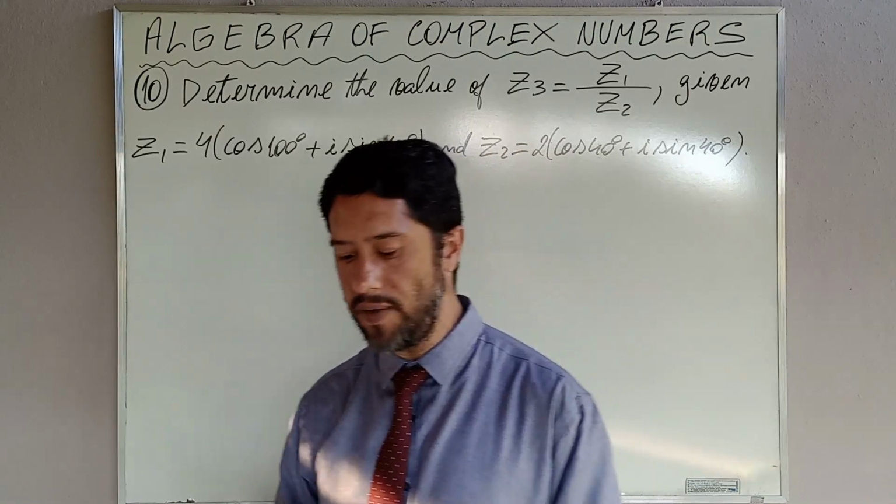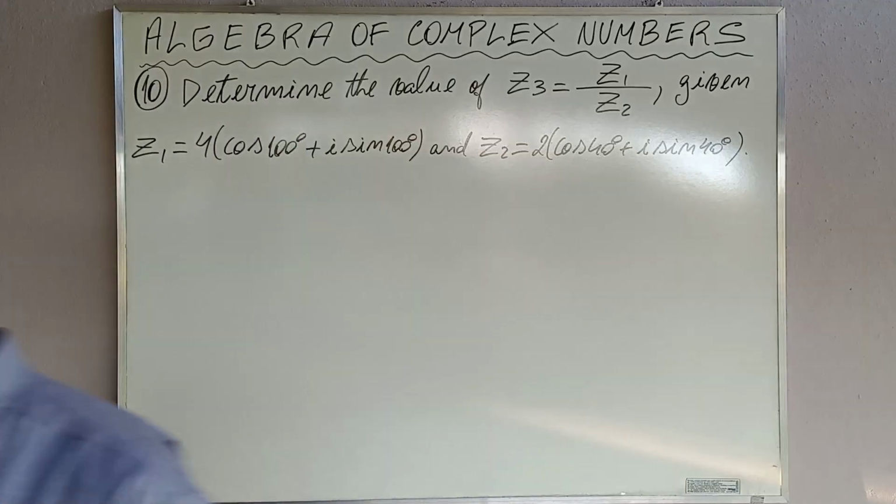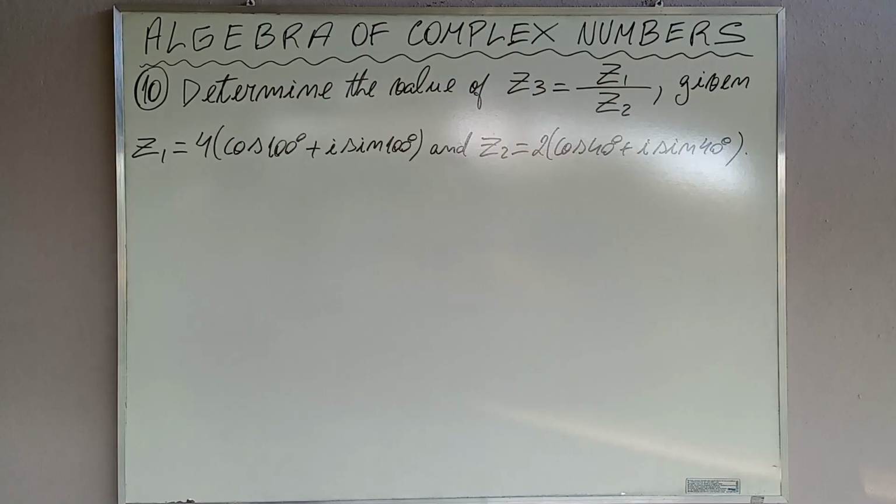Exercise number 10. Determine the values of z3 equal to z1 divided by z2, given that z1 is equal to 4 times (cosine of 100 degrees plus i sine 100 degrees), and z2 is equal to 2 times (cosine of 40 degrees plus i sine 40 degrees). This is the question. Let's go to the solution.